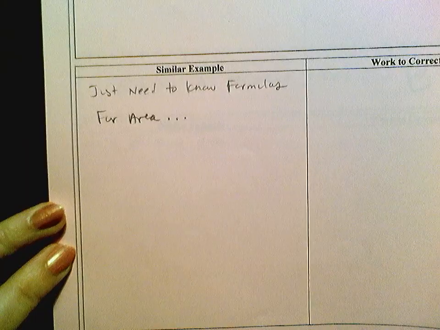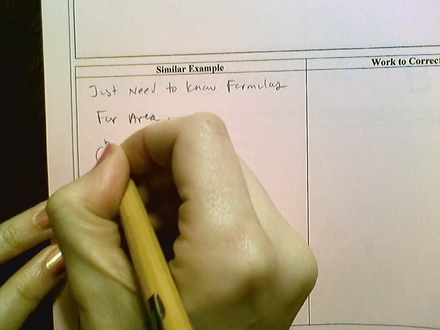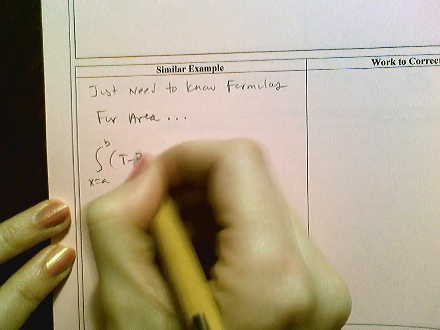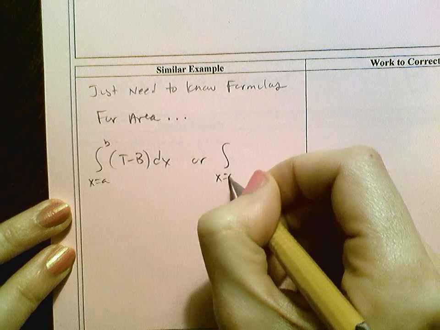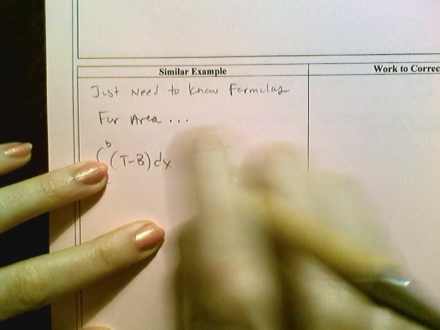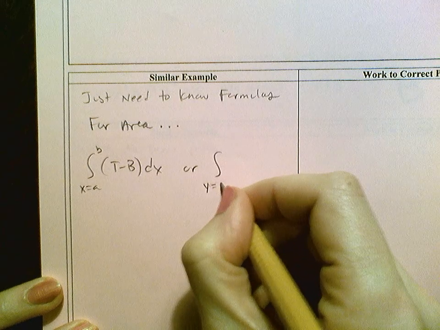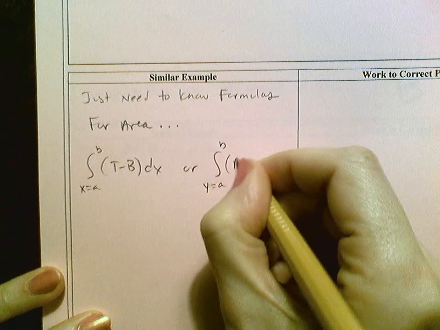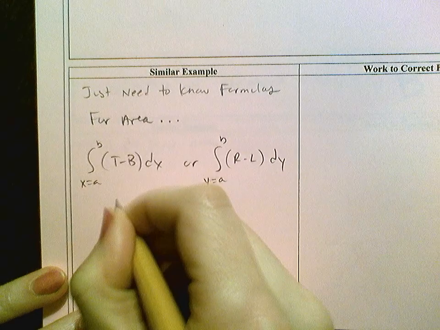For area, you're going to do from x equals a to b, top minus bottom dx, or the integral from y equals a to b, right minus left dy. All right.